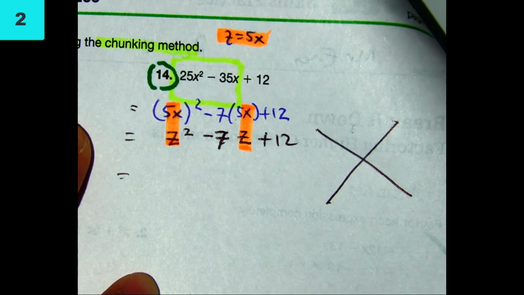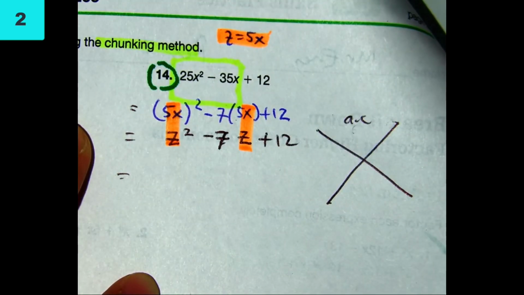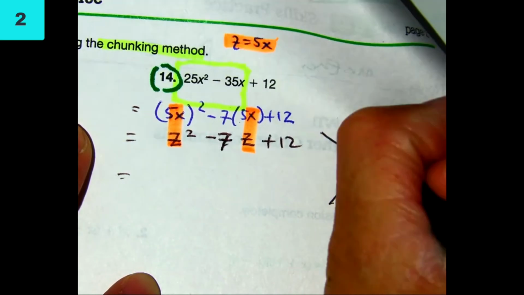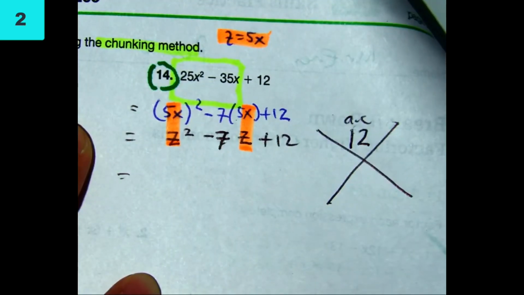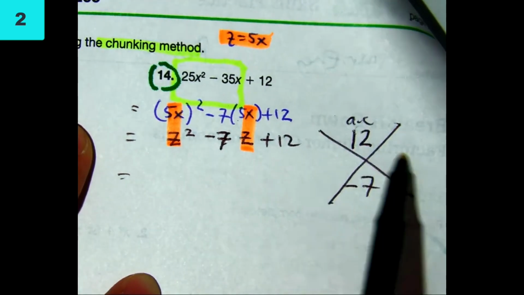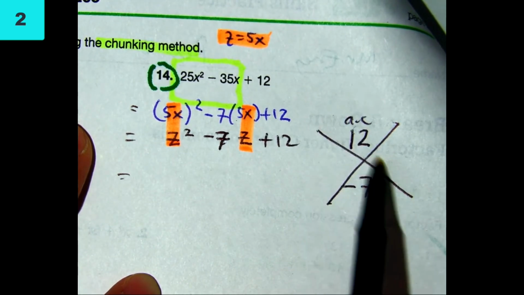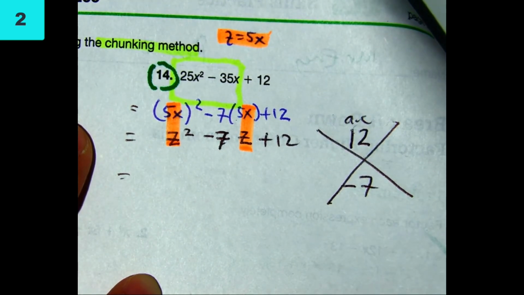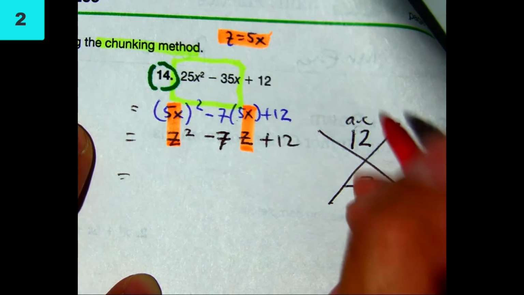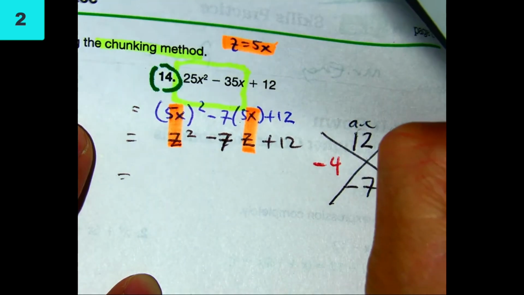A times C, which is 12, is correct. Josh, we're looking for two numbers that multiply to be A times C, and those same two numbers add to be negative 7. Negative 4 times negative 3.